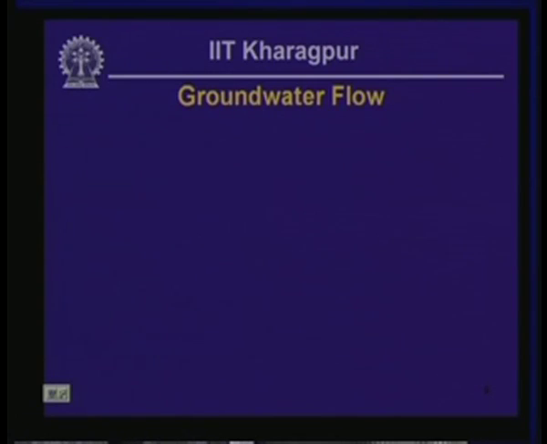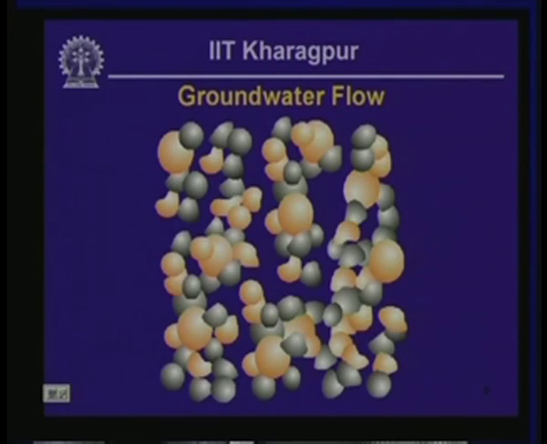Okay. Now, with those concepts, we look at the process of how groundwater flows from one point to another. Let us consider a matrix of solid particles of that type. You can see that there is a lot of void space in between the solid particles, and some of these void spaces are interconnected and cut right through the matrix.